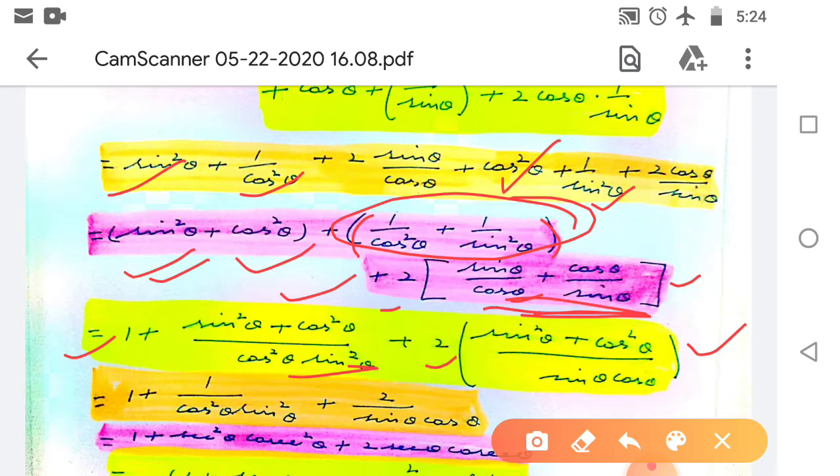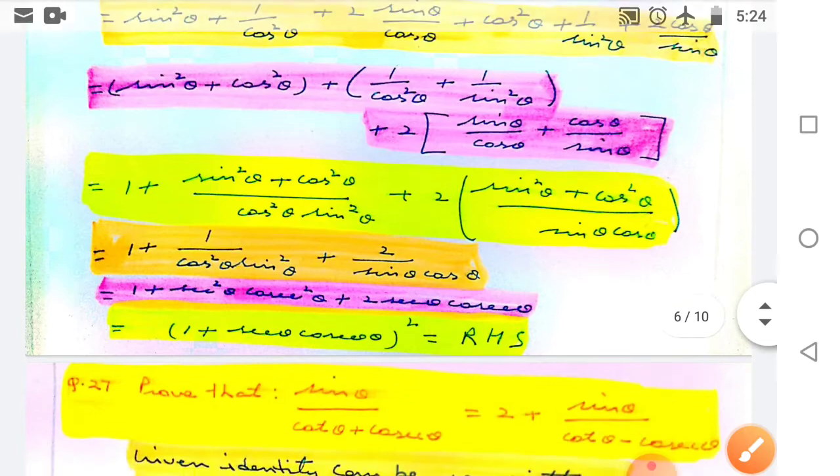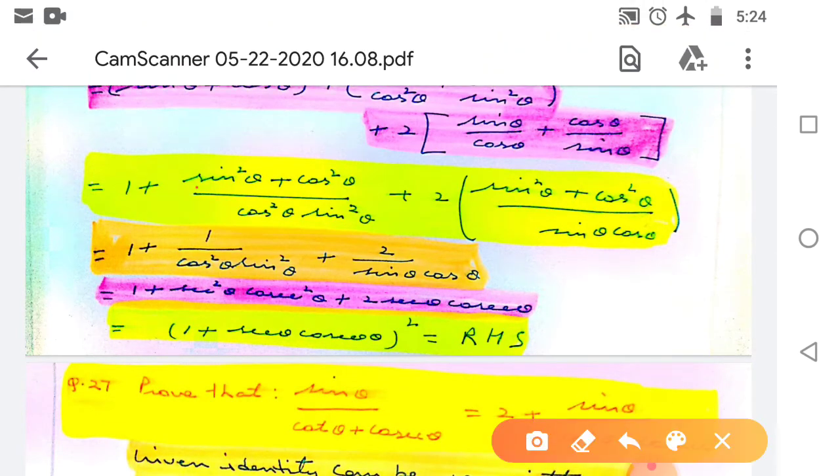Here also you have to take the LCM. And finally, this is 1, this is also 1. Okay, so 1 upon cos square theta sin square theta plus 2 upon sin theta cos theta, right? And now 1 upon cos square theta into 1 upon sin square theta is sec square theta cosec square theta, and 2 upon sin theta cos theta is 2 sec theta cosec theta.